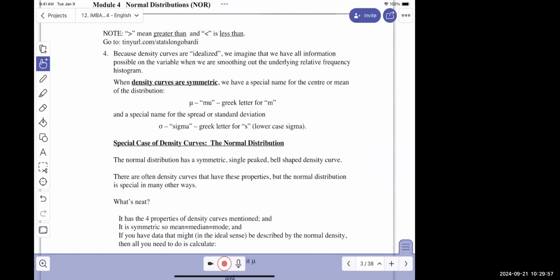But now you have a special type, not just density curves, sorry. Let me say this. Imagine the universe of density curves. And then there's a subset of them that are symmetric density curves.